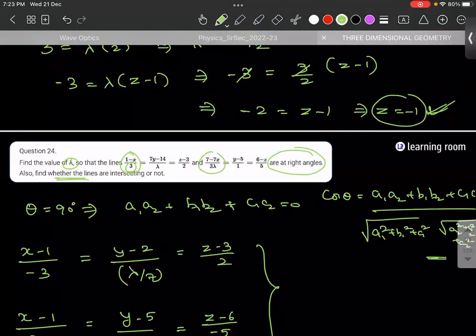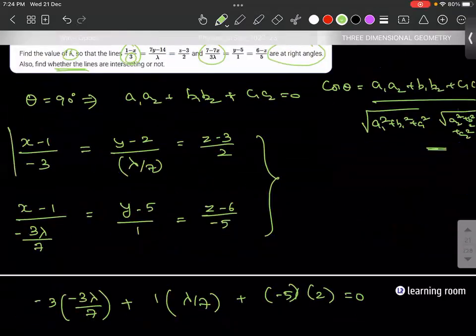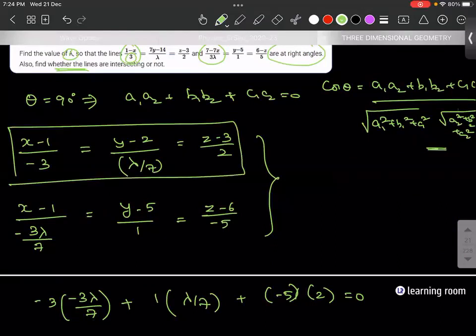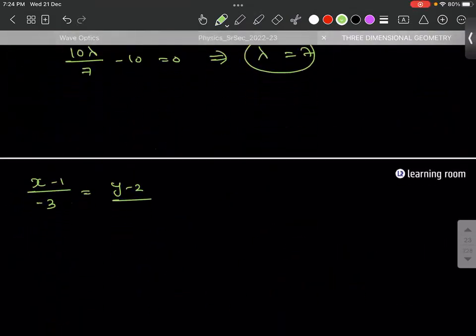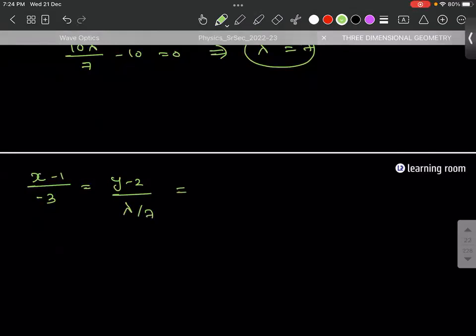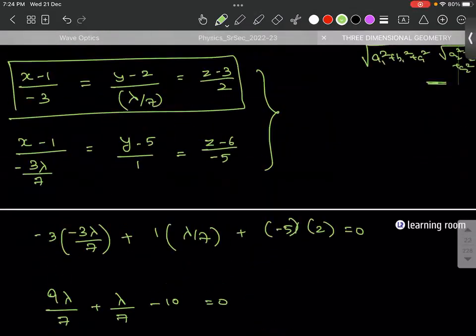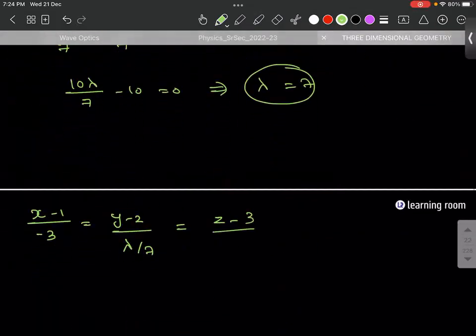First of all, find whether these lines are intersecting or not. For that, I will take this equation: x minus 1 divided by minus 3 is equal to y minus 2 divided by lambda by 7 is equal to z minus 3 divided by 2.